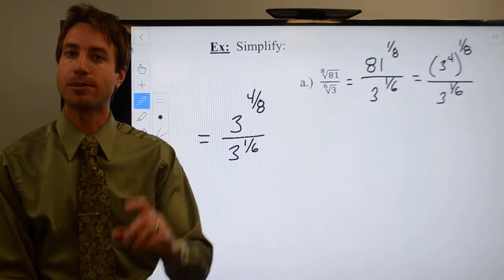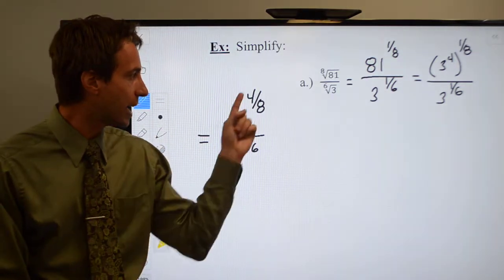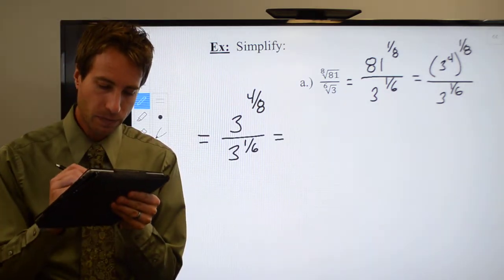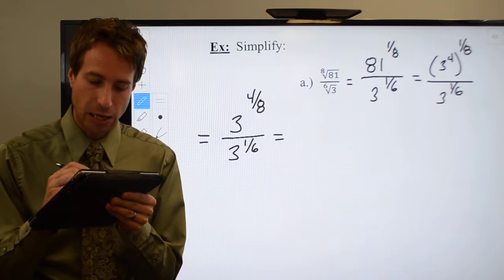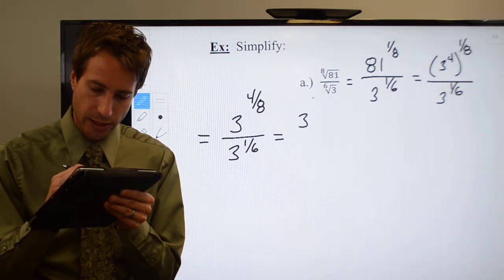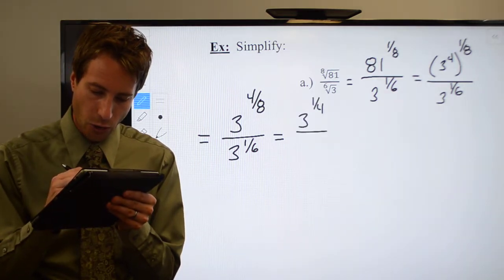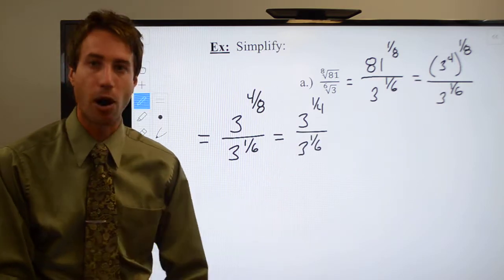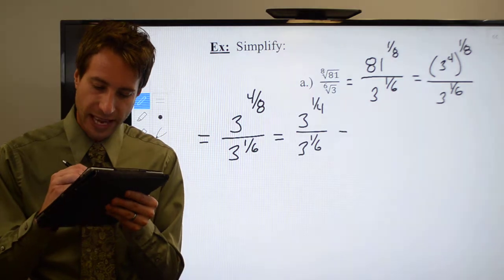So I'll be able to subtract the exponents, but before I do that, I want to reduce this fraction. 4 divided by 8 is going to be 1/4, so 3 to the 1/4 power over 3 to the 1/6 power, and because I have the same base, top and bottom, we will subtract the exponents.